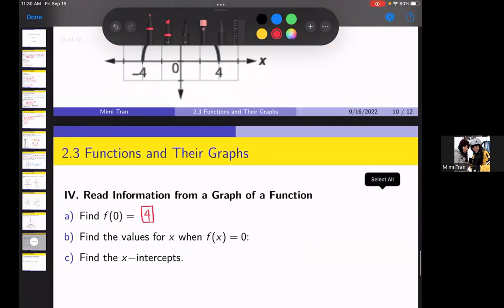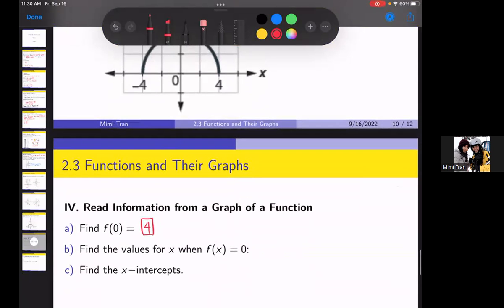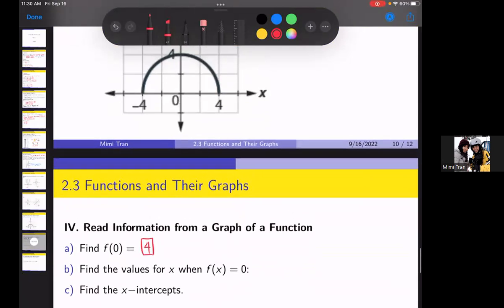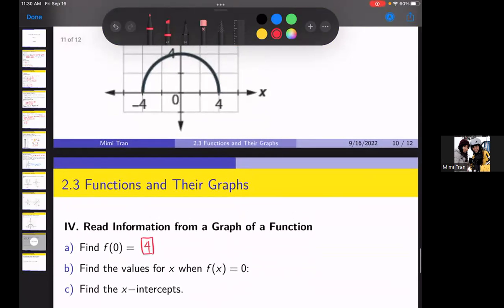Find the values for x when f of x equals 0. The height is 0. What is the x value that corresponds to the 0 height? Yeah, -4 and 4, right? So x equals -4 and 4.